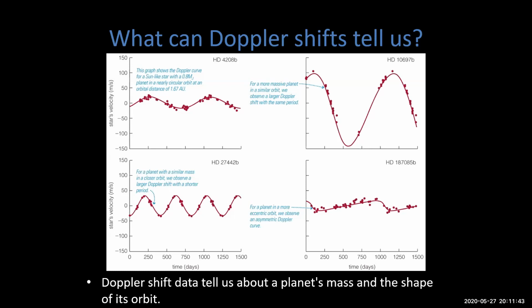The primary two things it tells you are the mass of the planet and the period of the planet. But it also tells you how circular or how eccentric the orbit is. The mass of the planet you get based on the strength of the shift.